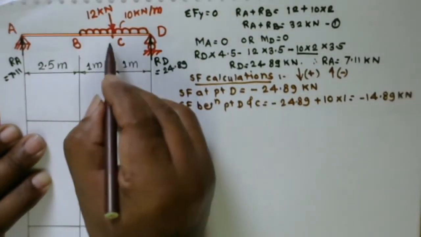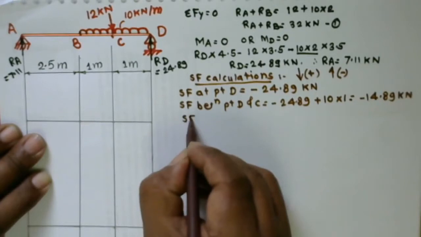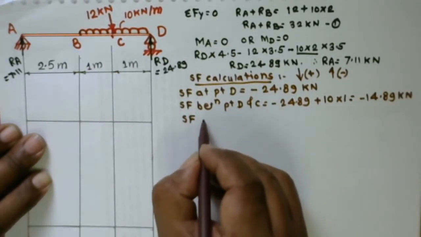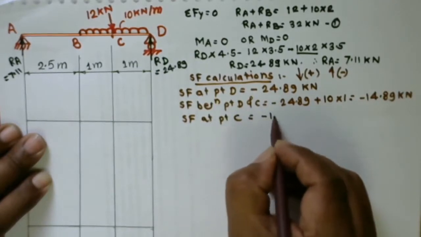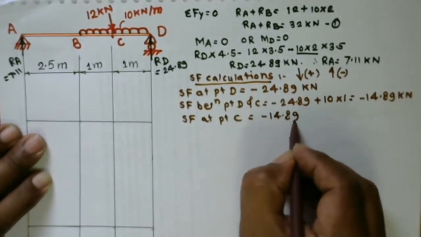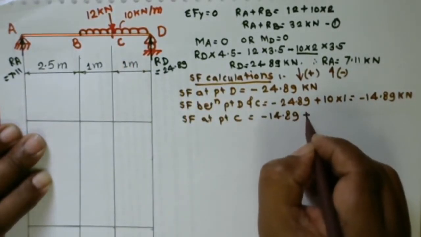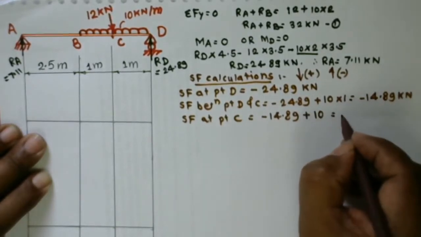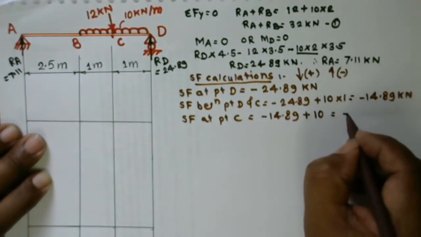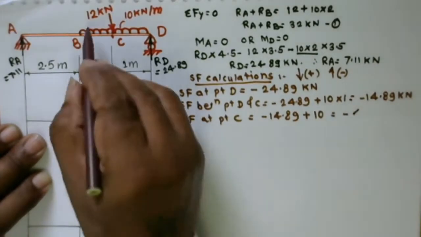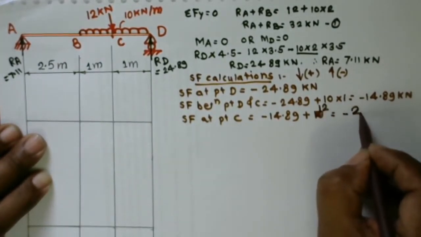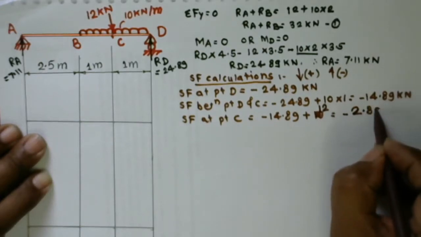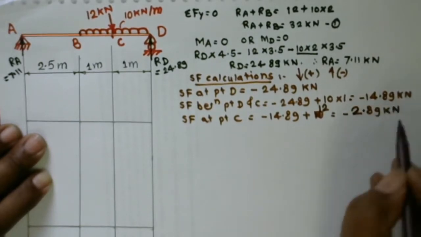kilonewton. Now at point C, a point load is acting, so shear force at point C is equal to minus 14.89, it is acting in the downward side, so plus 10, it becomes minus 12, sorry, instead of that 10 it is a 12, so minus 2.89 kilonewton.